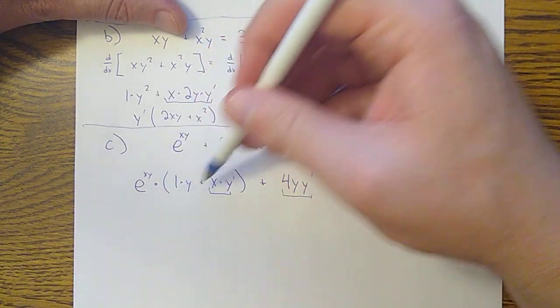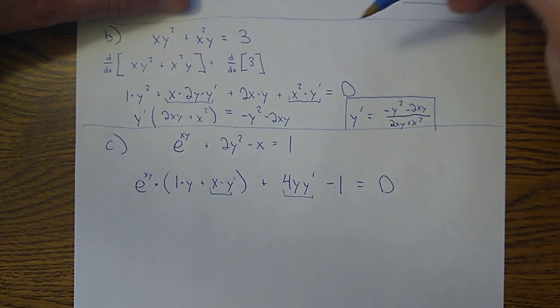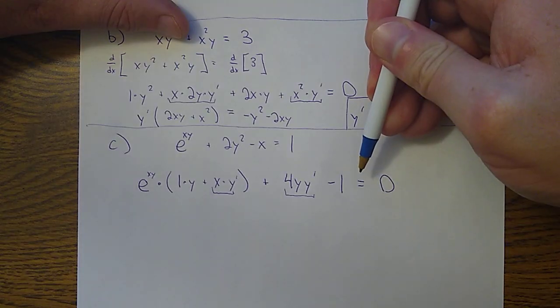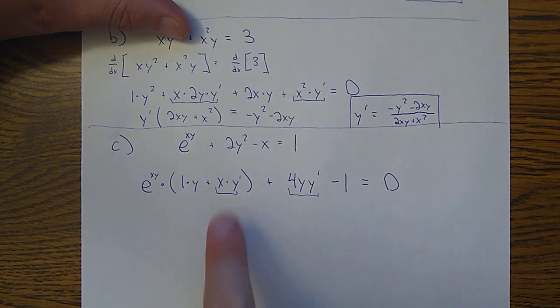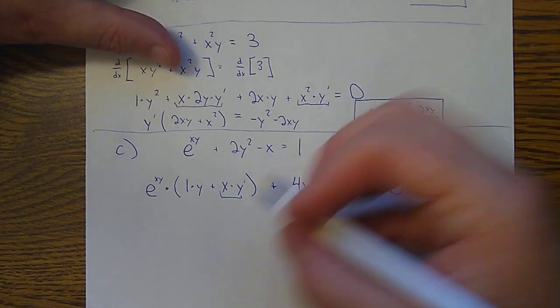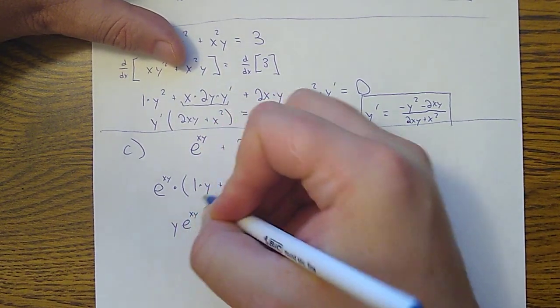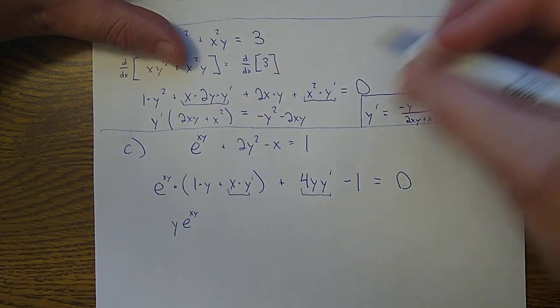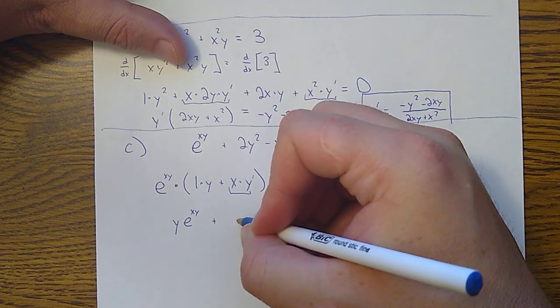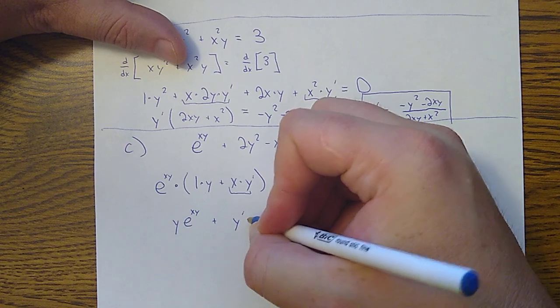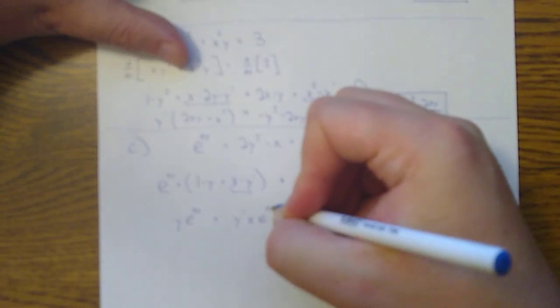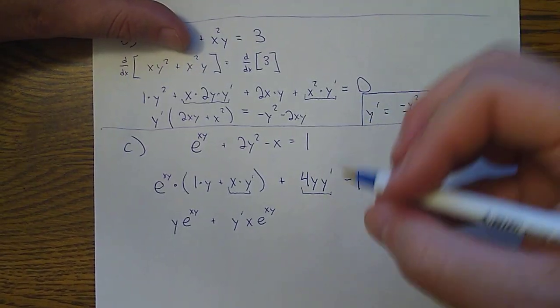Unfortunately, this one's inside parentheses multiplying something else, so let me go ahead and multiply everything out, because I would like to separate this from this. So y e to the xy, because that's this times this, plus y prime x e to the xy, because that's this times this.